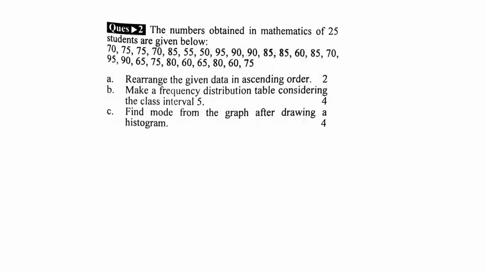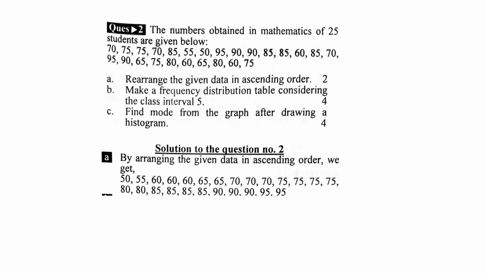Now the solution. By arranging the given data in ascending order, we get this. Ascending order means rearranging the data from the smallest number to the highest number. So 50, 55, 60, and lastly 95.